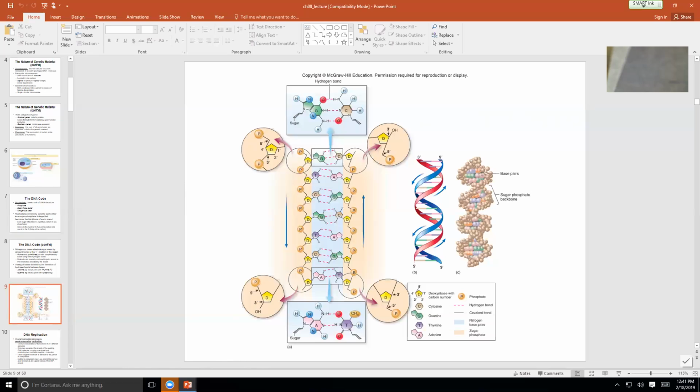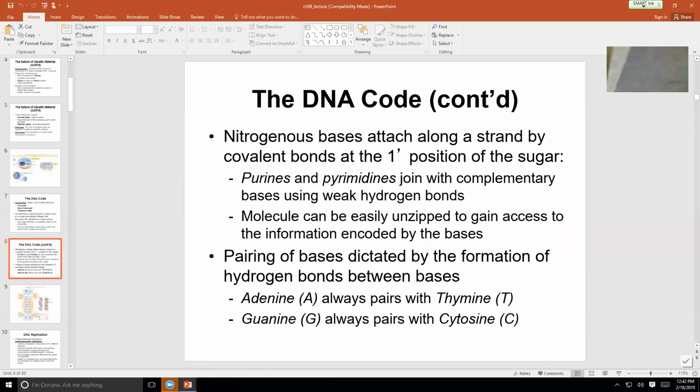And when we look at the rungs, we would expect this is where the complexity comes. This is what leads to all the diversity, right? Except that no, it's not so complex either. There are 4 nitrogenous bases found in DNA, and those 4 bases are adenine, thymine, cytosine, and guanine.